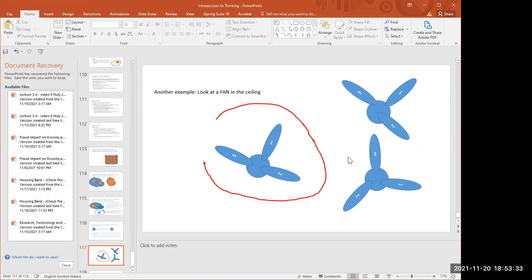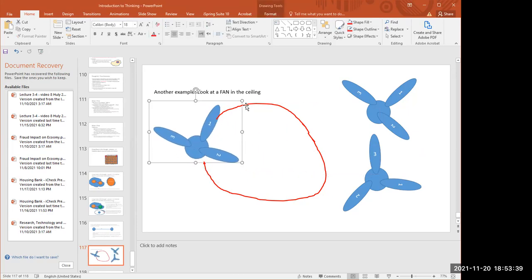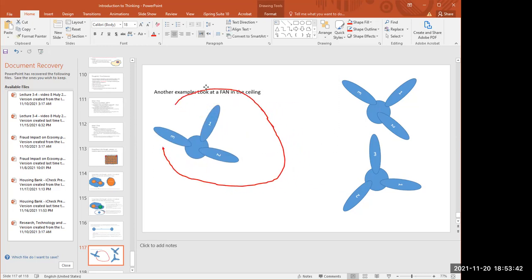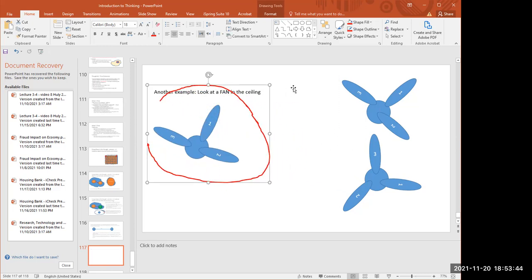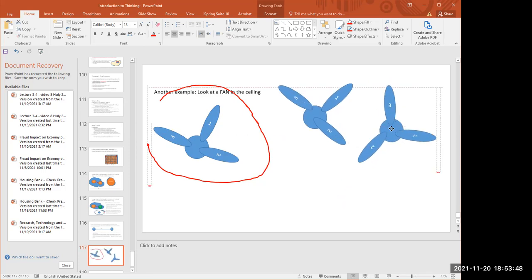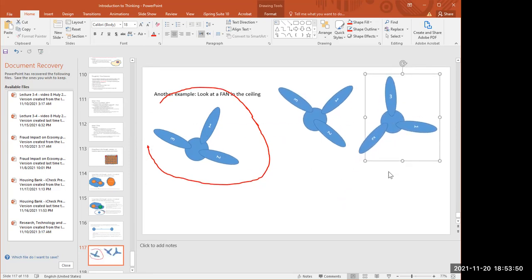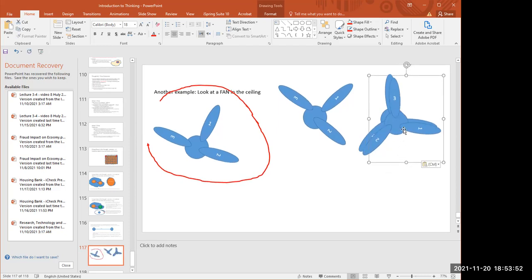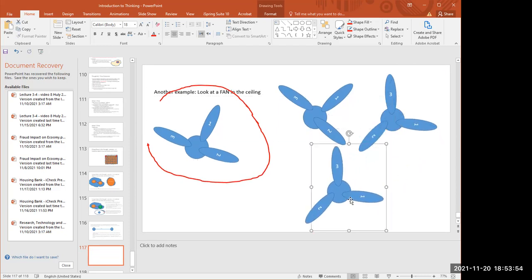Now, when you move at much higher speeds, so let me move this here. Then it's possible you will see this guy is moving here.